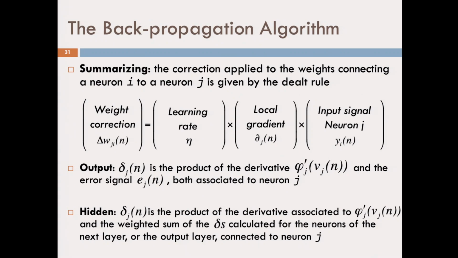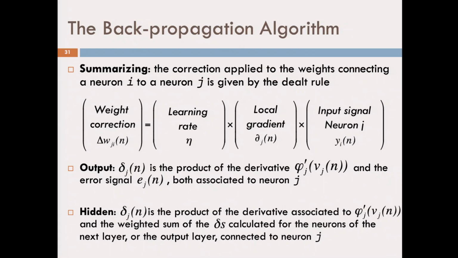So summarizing, the correction that we are going to apply to the weights connecting two neurons has this formulation: a learning rate times the local gradient of the neuron times the input signal going to that neuron associated to the weight. For output layers, we can easily calculate the local gradient.